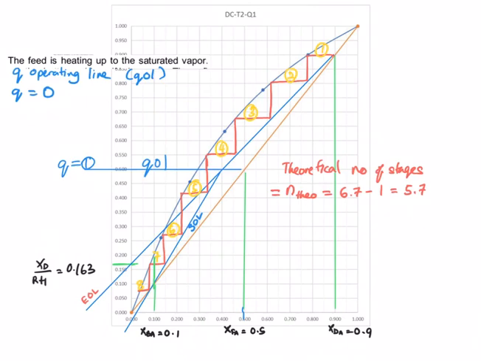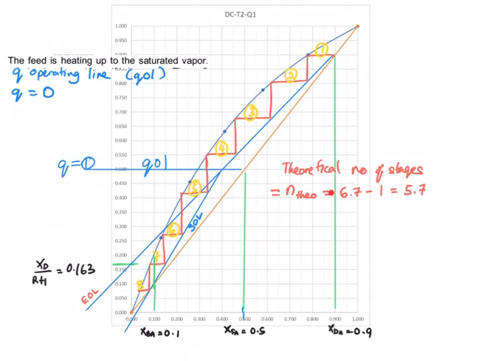Therefore, the theoretical number of stages should be 6.7 minus 1, because we need to minus the reboiler to get the theoretical number of stages. So now the answer for the theoretical number of stages is 5.7. When you answer the questions, you need to write 6.7 minus 1 equal to 5.7.